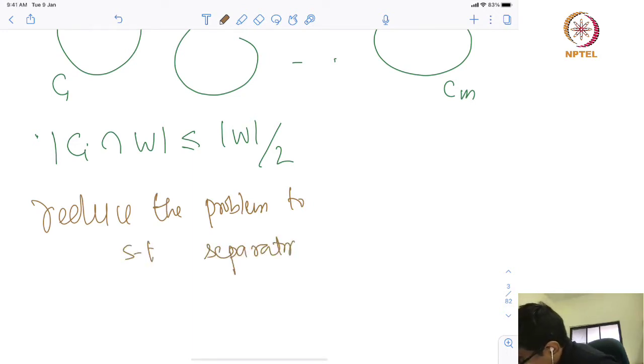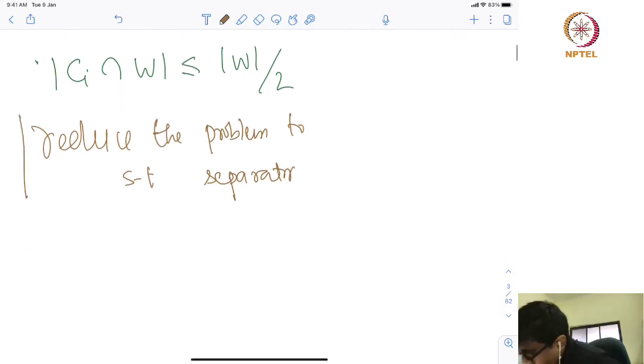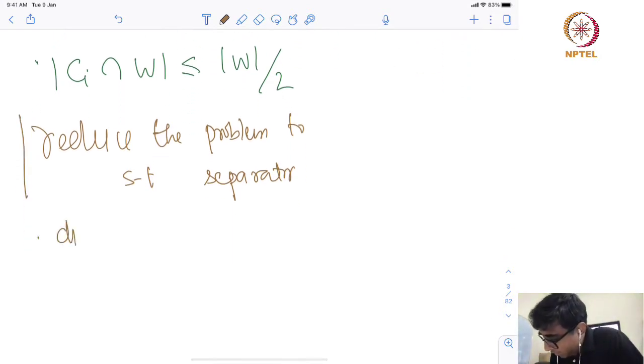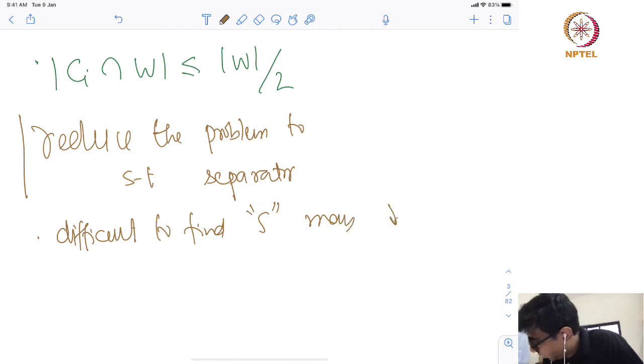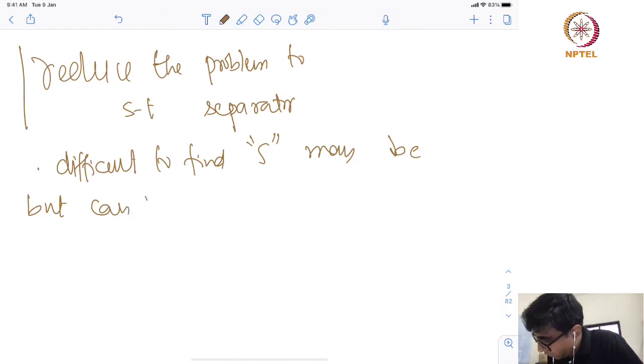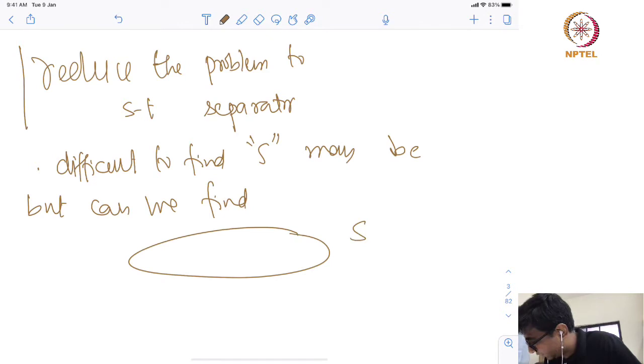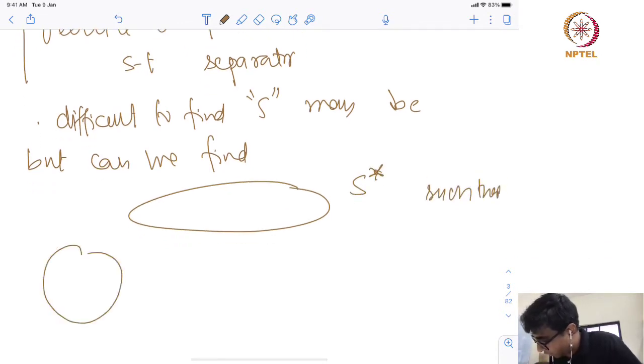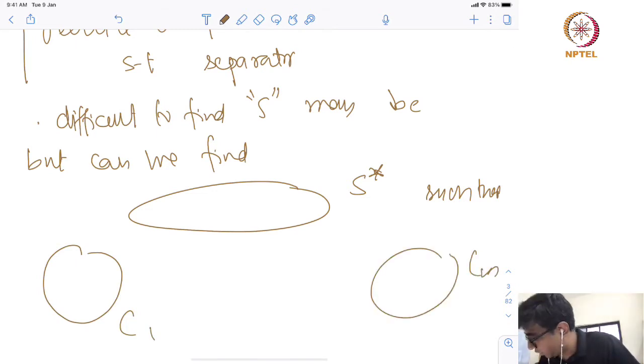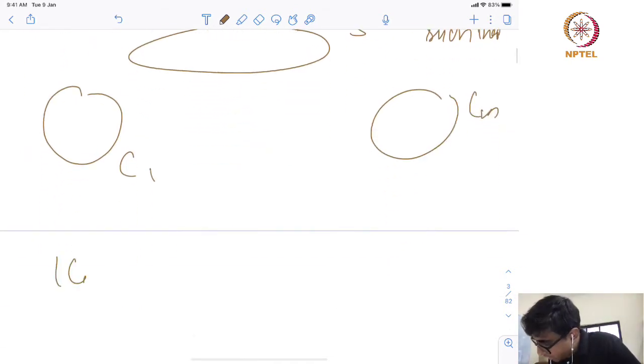Rather than asking for S, which is difficult to find, can we find a set, let us call it S star, such that if you look at the components C1 to Cm, Ci intersection W is at most 2/3 of W?